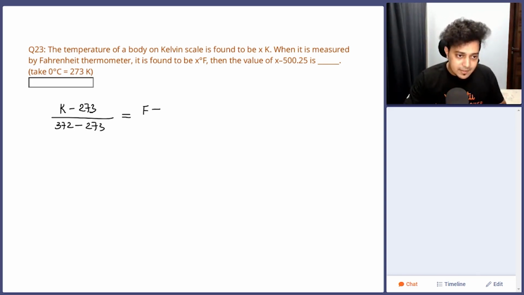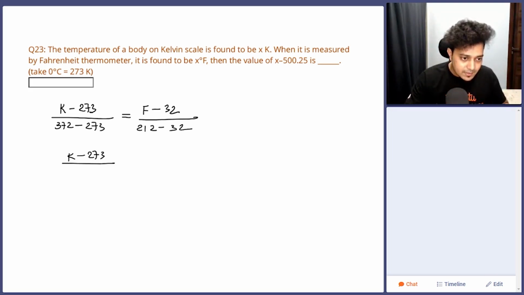So reading in Fahrenheit minus 32 upon 212 minus 32. So upon simplification, this is K minus 273 upon 100 equal to F minus 32 upon 180.